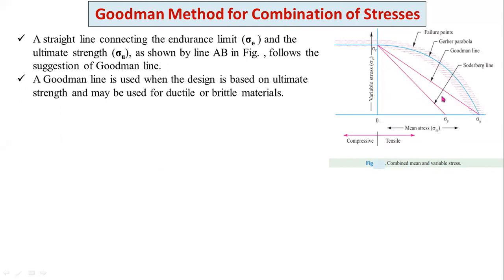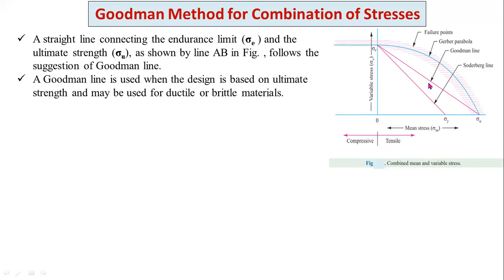From the same previous graph, you can observe that this parabolic graph indicates the Gerber method, and the second straight line indicates Goodman's line.